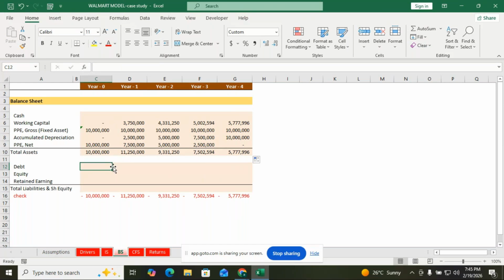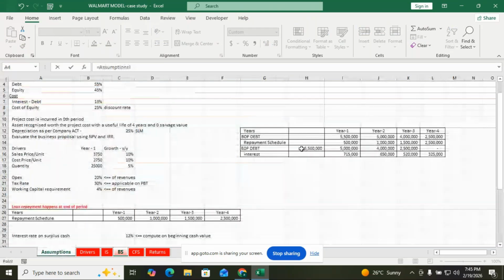So after you compute your total assets, now you add up the liabilities part. Coming to the debt. You have seen, 55% is sanctioned as debt, the remaining 45% is equity. So debt equals, go to the assumption sheet.